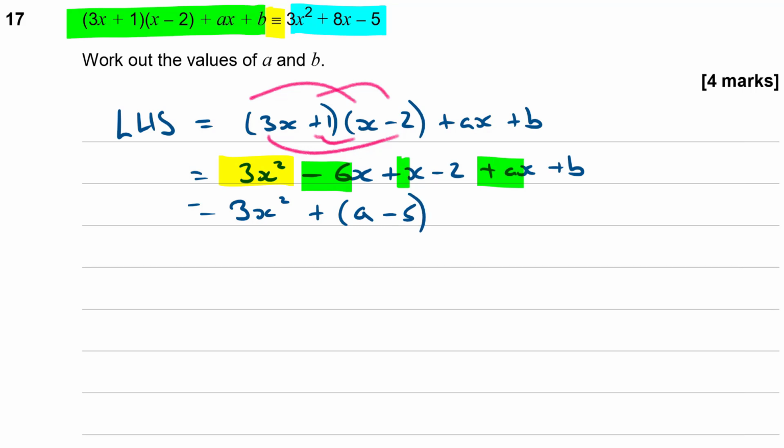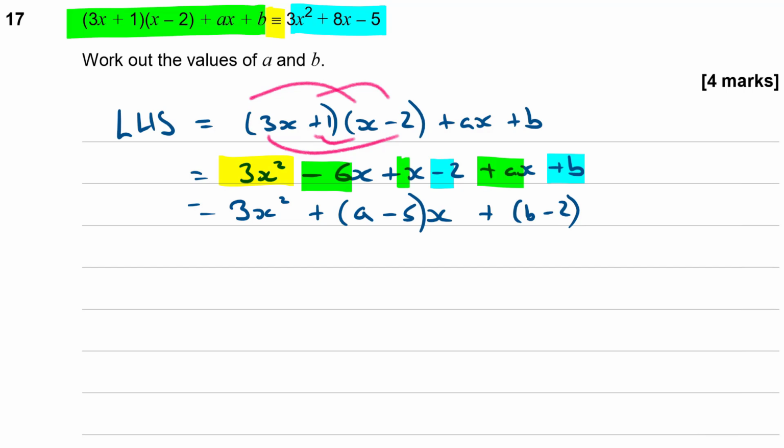I've got a minus 5 lots of x. And then finally, my constants on the end, I've got a minus 2 and I've got a b. So plus b minus 2. Okay, so you can see now I've multiplied out all the brackets and I've collected all the like terms together.